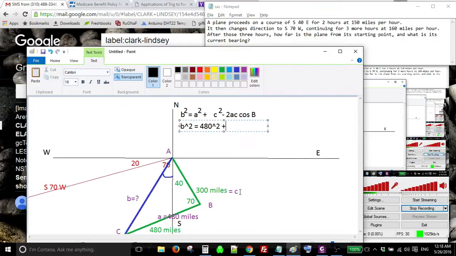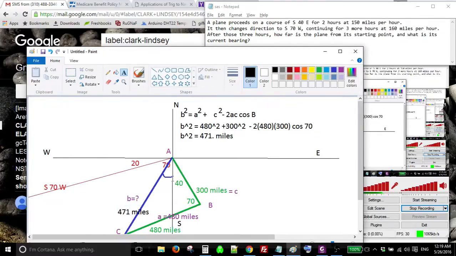C squared is 300, so 300 squared minus 2 times 480, I'll make this line longer, times 300, cosine, and the angle B here is 70, so cosine 70, and that's going to end up equaling some number, and it ends up being 471 point some junk, so it's about 471 miles. So here, this ends up being 471 miles.